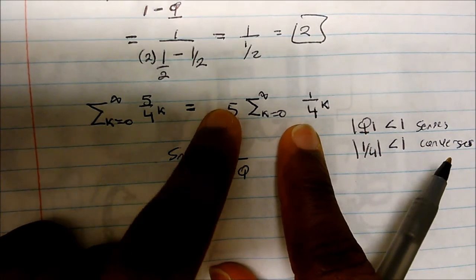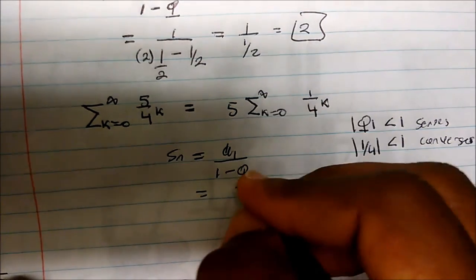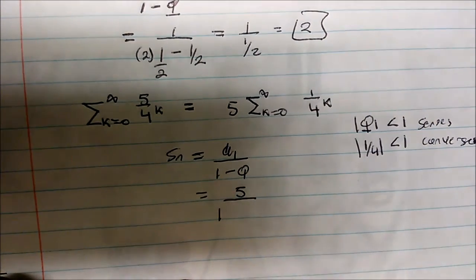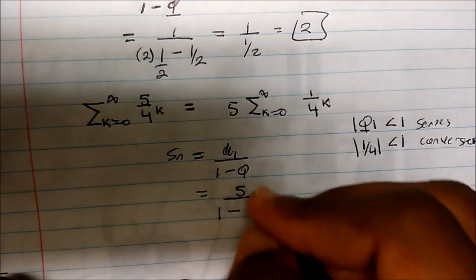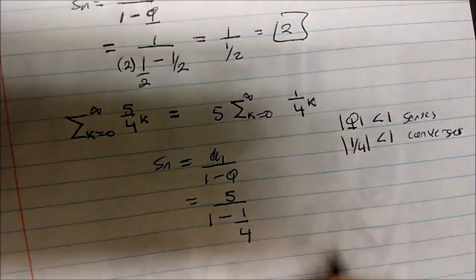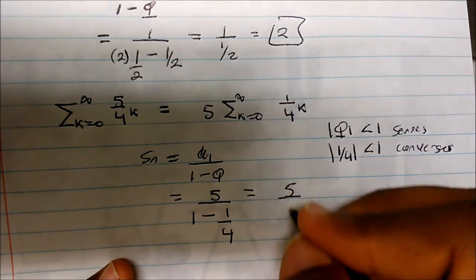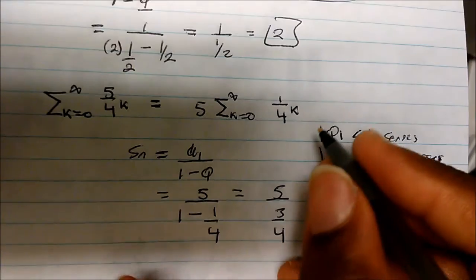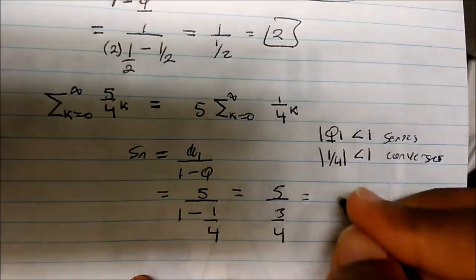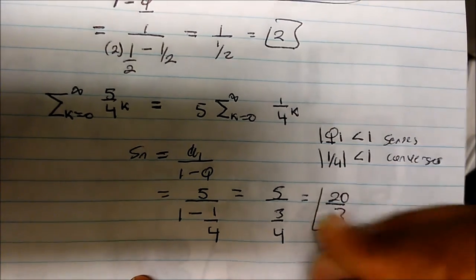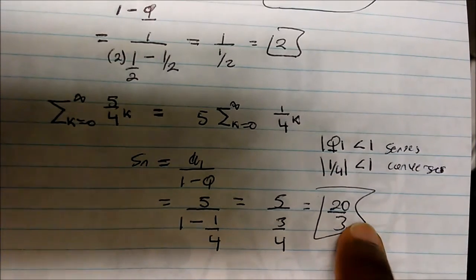We have the 5 outside, so 5 times 1 is 5. So the first term is 5. We divide that by 1 minus q, which is 1 minus 1/4, or 3/4. If we multiply, this becomes 20 over 3. So the series converges to 20 over 3.